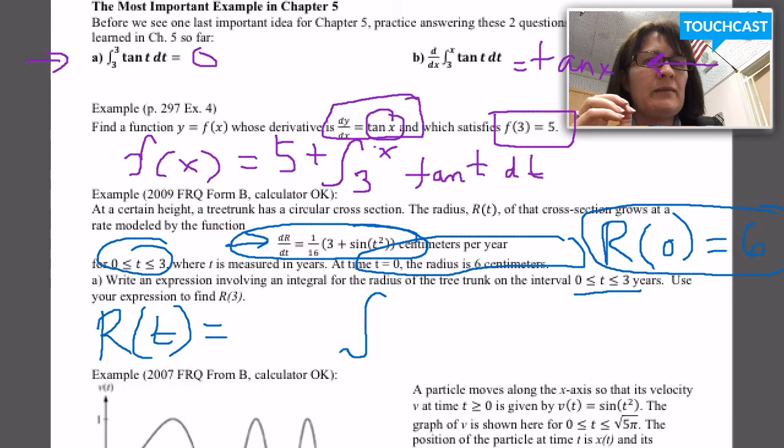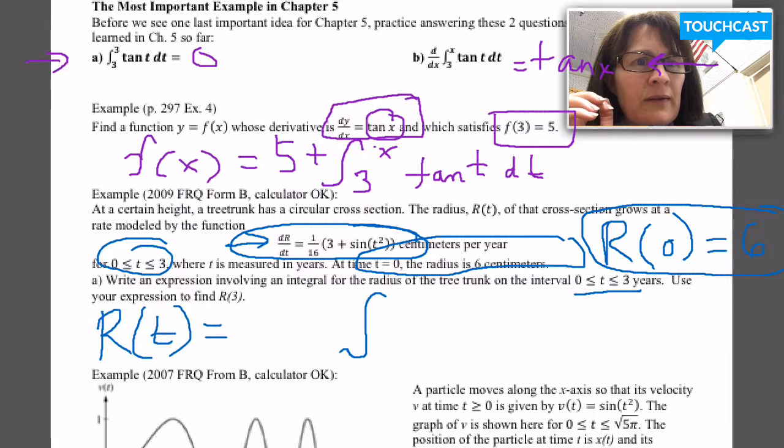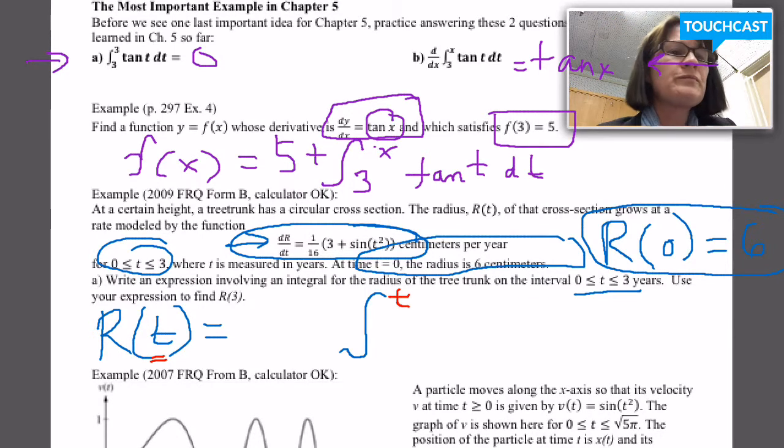The upper limit should match this variable. If I want t to be the variable of my function, then t has to be the upper limit. Cool. That lower limit's going to have to be a constant. Here, I'm going to write, essentially I need dR/dt.